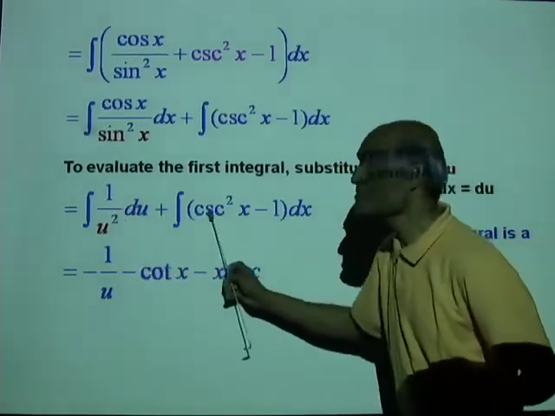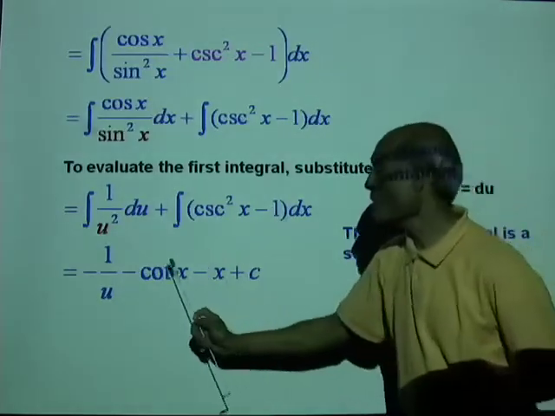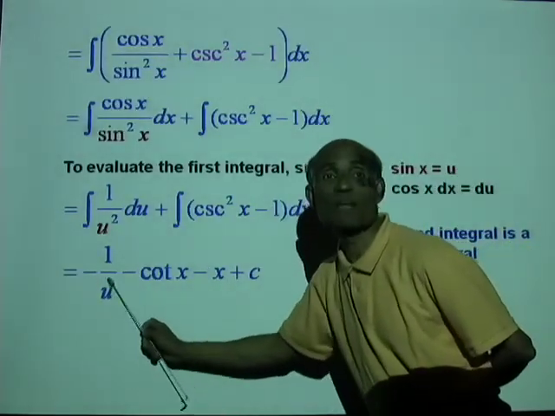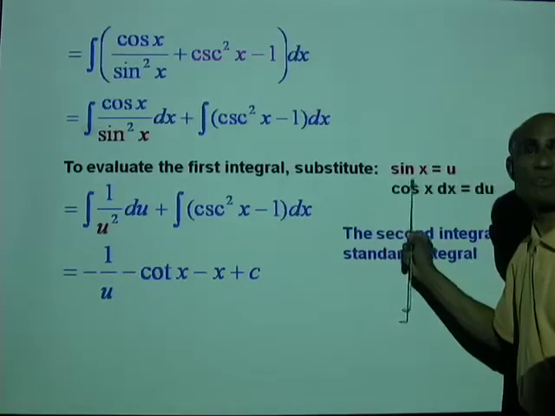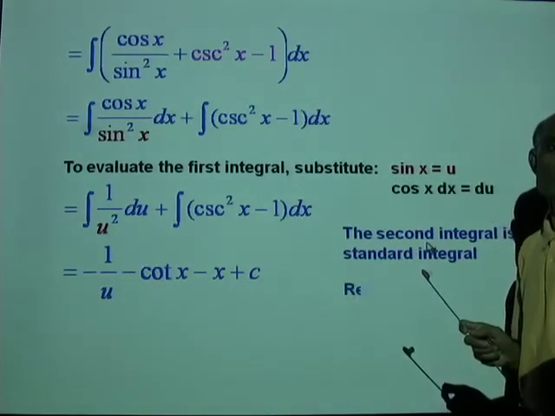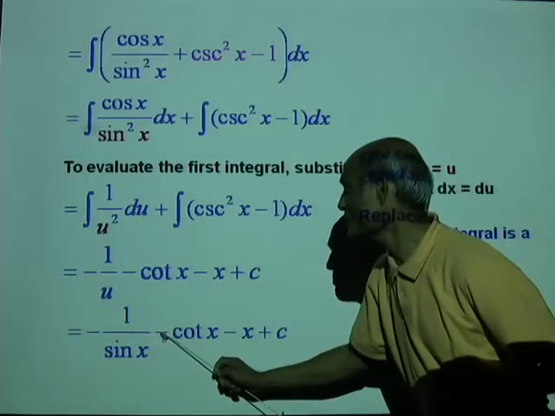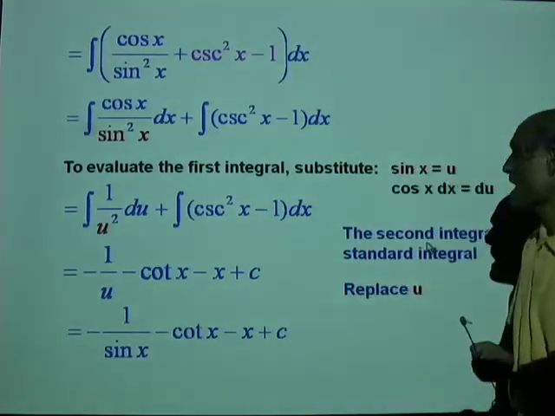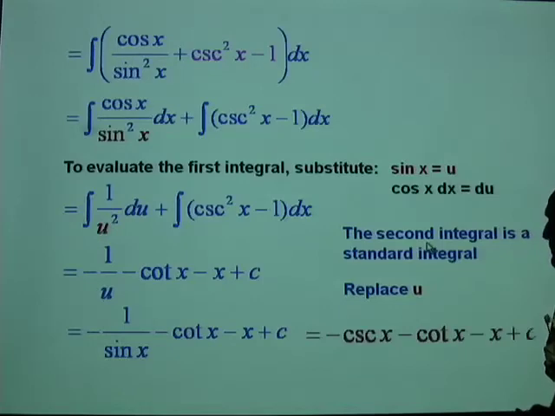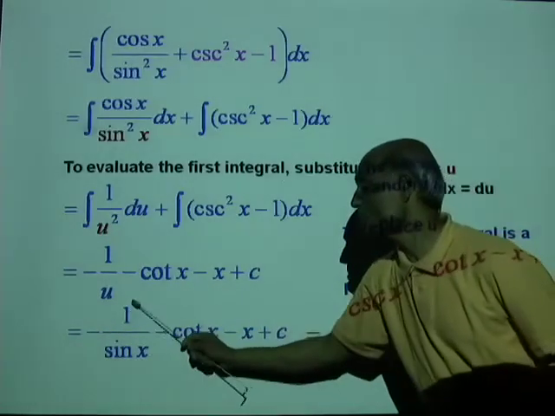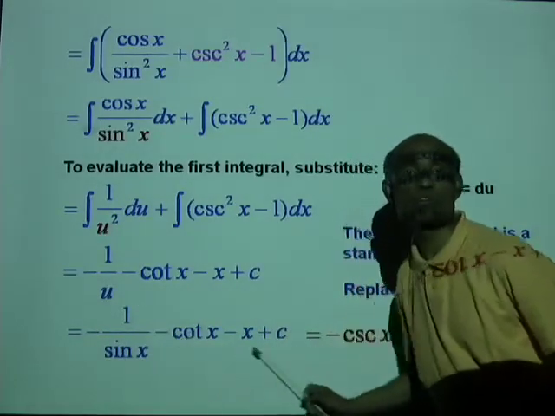So we integrated all these, and what we need to now do is replace this u with its original quantity. So that will be negative 1 over sine x minus cot x minus x plus c, or negative 1 over sine x is cosecant x.